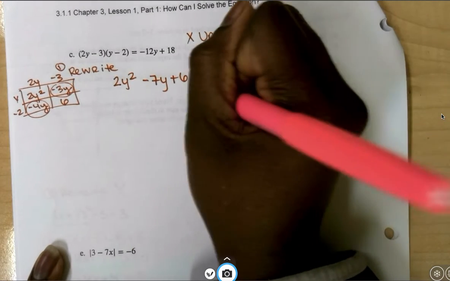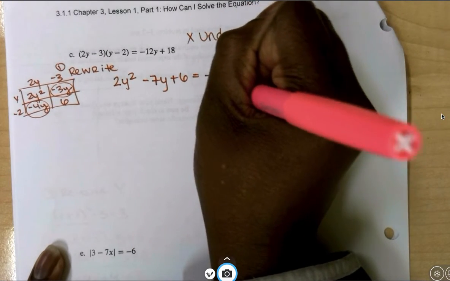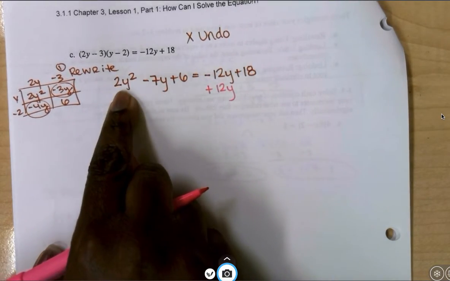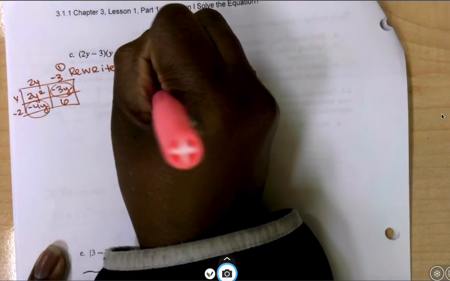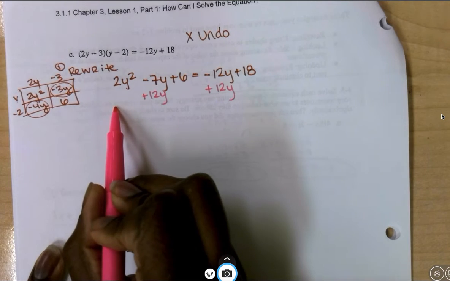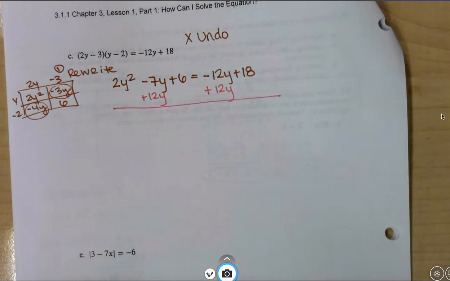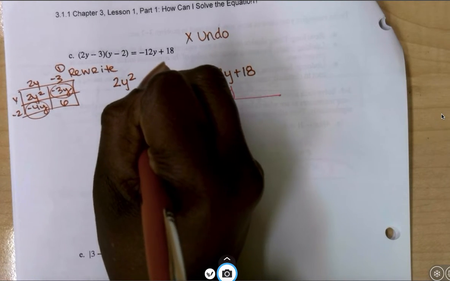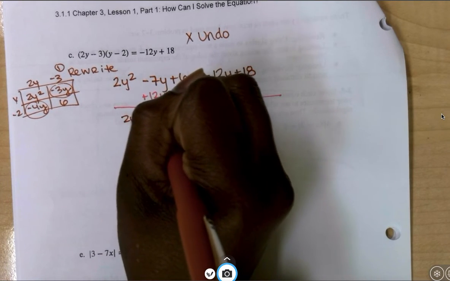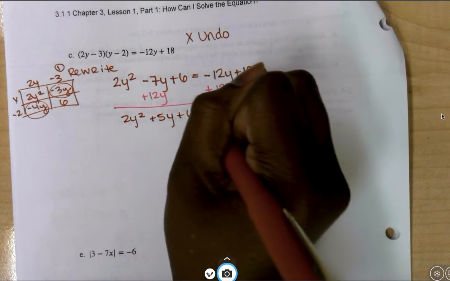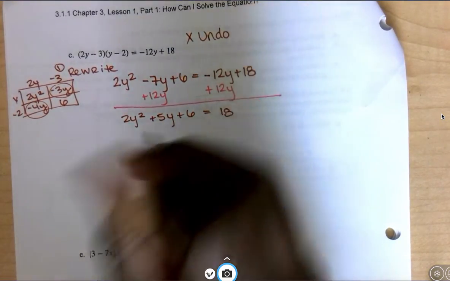So let's start off with the 12y. I'm very comfortable with moving terms to the other side, and that's what we're learning now. And I can only combine terms that are alike. So you can only combine the ones that have the same variable. So I have 2y squared plus 5y plus 6 is equal to 18.